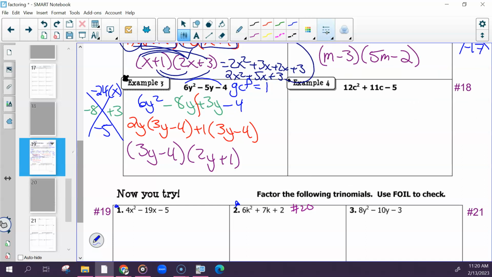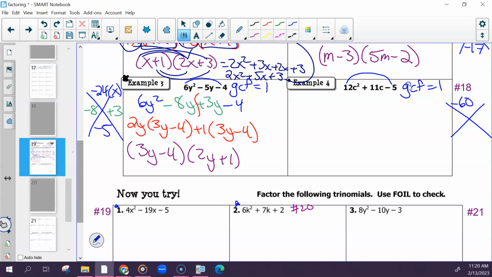For example 4, what is the GCF of that? What do they have in common? Nothing besides 1. Okay, so then we are looking for what is 12 times negative 5? Negative 60, yep.